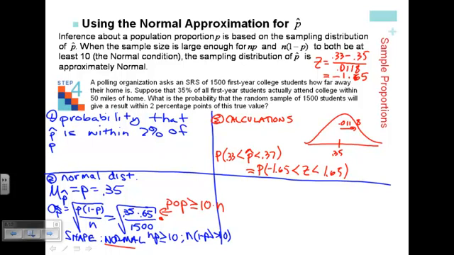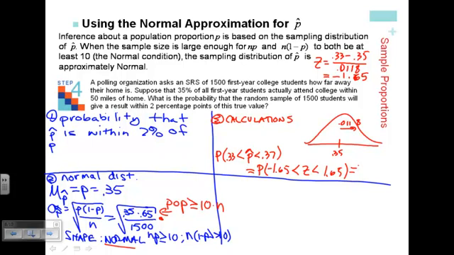Okay, what's the last part of this? You have to find the percent values first. Find the values associated with these z-scores, please. I'm going to say it's either 0.8 or 0.9 on the upper end.